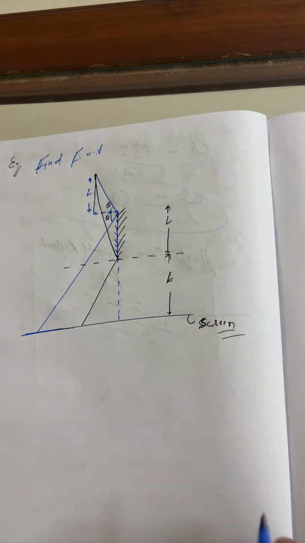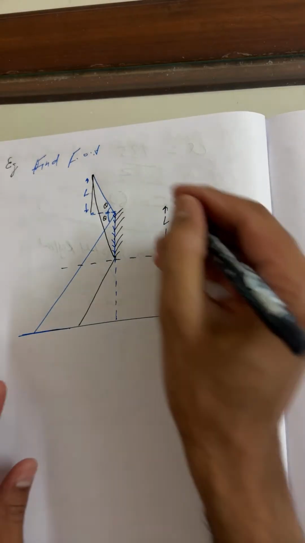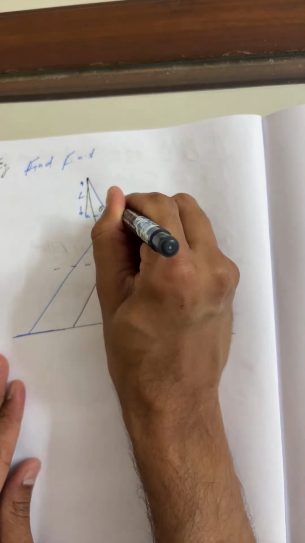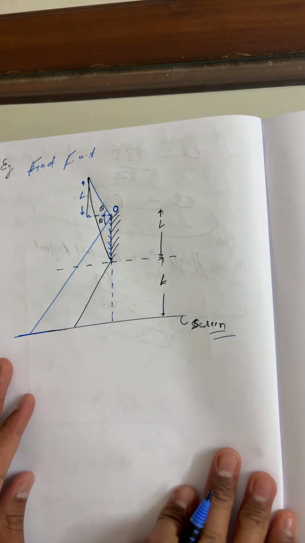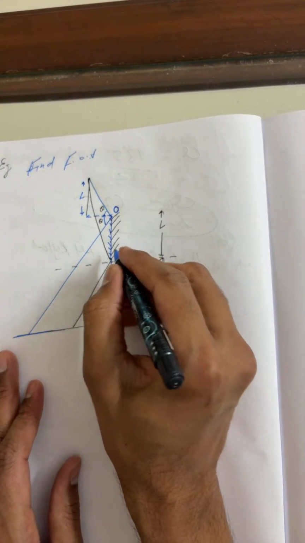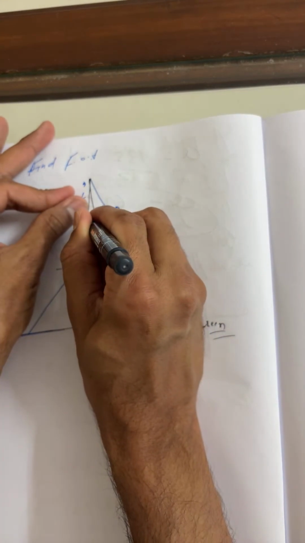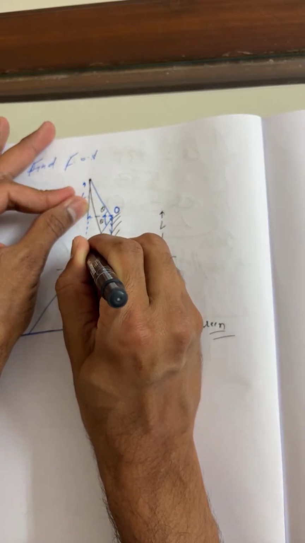Okay, I'll apply basic geometry here. Friend, I'll apply basic geometry here. Let us suppose this point I'm considering as O. This I'm considering as O, right? Okay, so just extend this part.